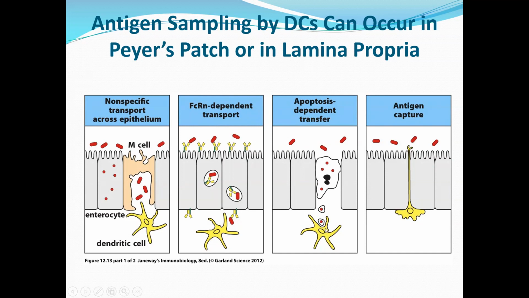And then a fourth way of sampling antigens in the gut lumen is that macrophages can extend processes through the tight junctions into the lumen where they can capture antigen and then bring it down into the basolateral surface for antigen presentation.